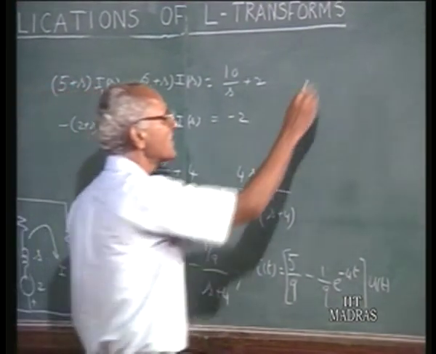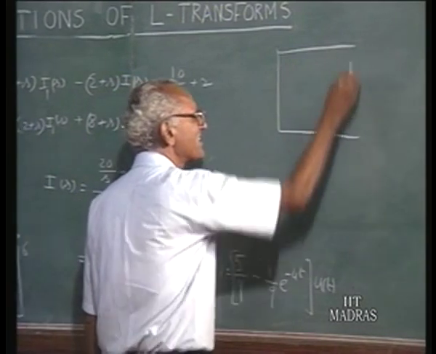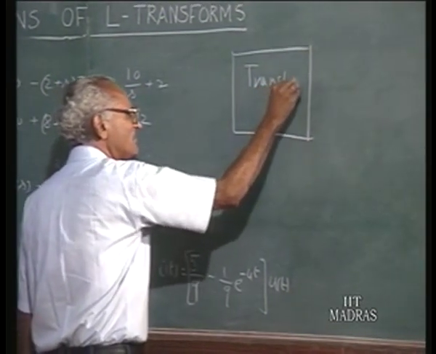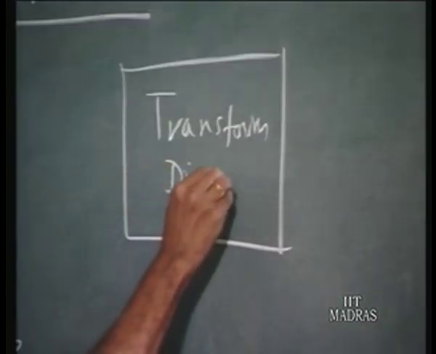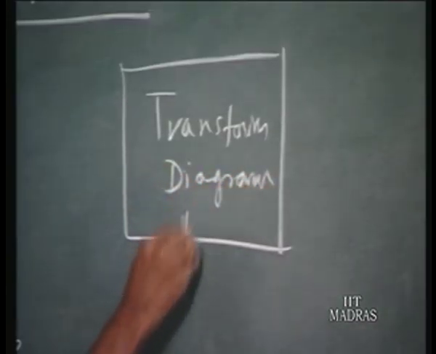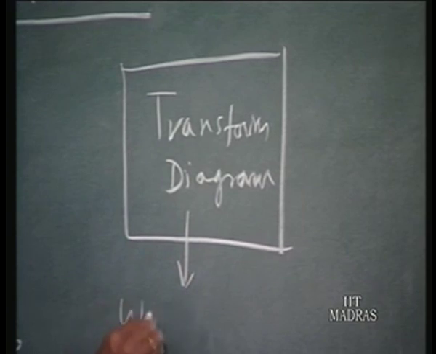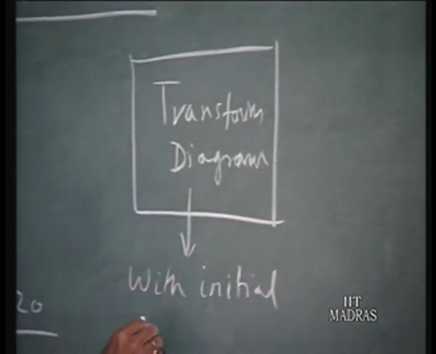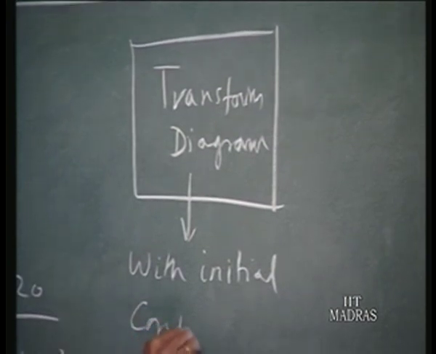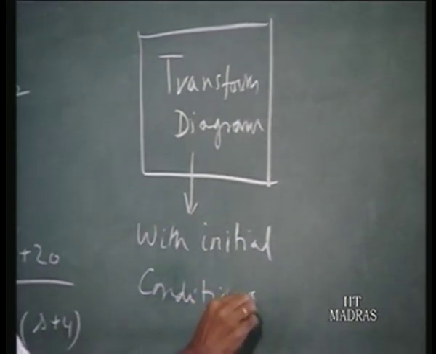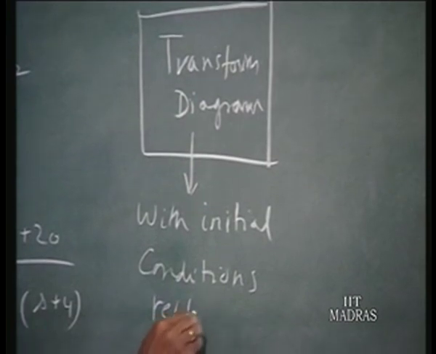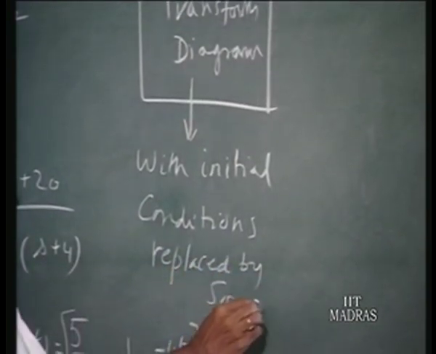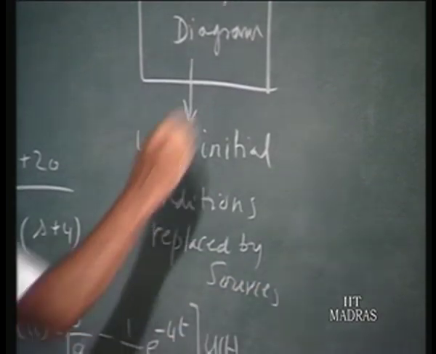So the steps involved are to set up the transform diagram, in which the initial conditions are replaced by initial condition sources, appropriately either voltage sources or current sources.